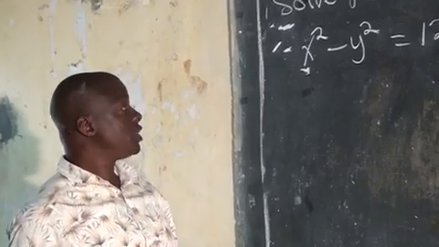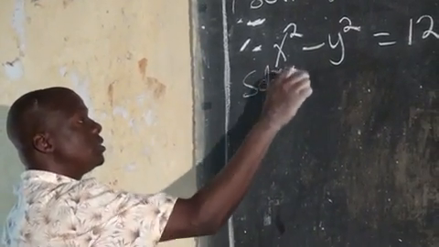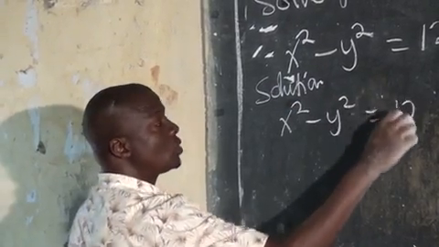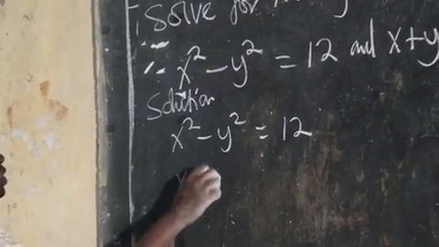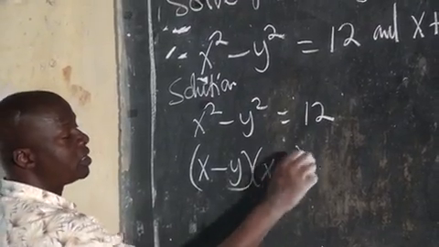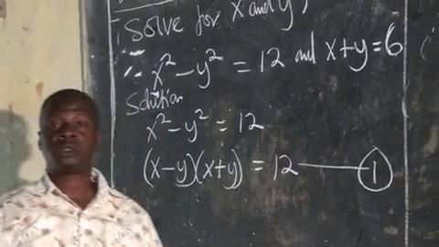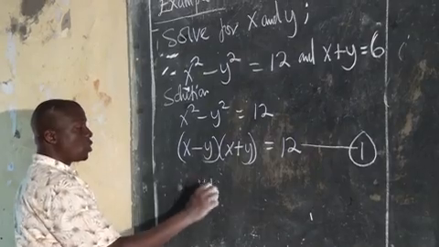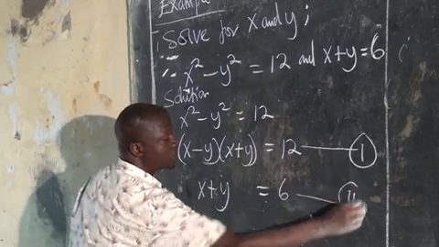That is the first case to identify. So we shall say solution. We have x squared minus y squared equal to 12, which is x minus y, then x plus y, equal to 12. This is equation 1. Next, we have x plus y equal to 6, equation 2.